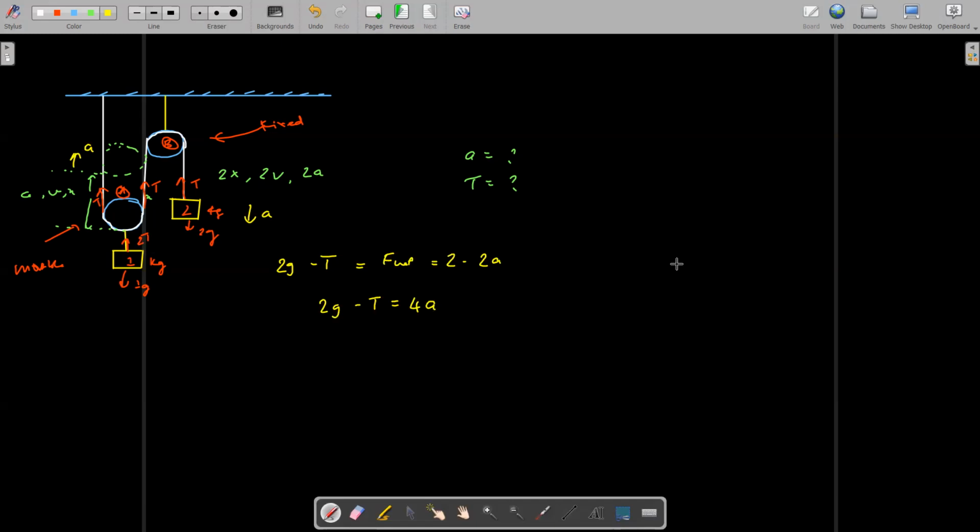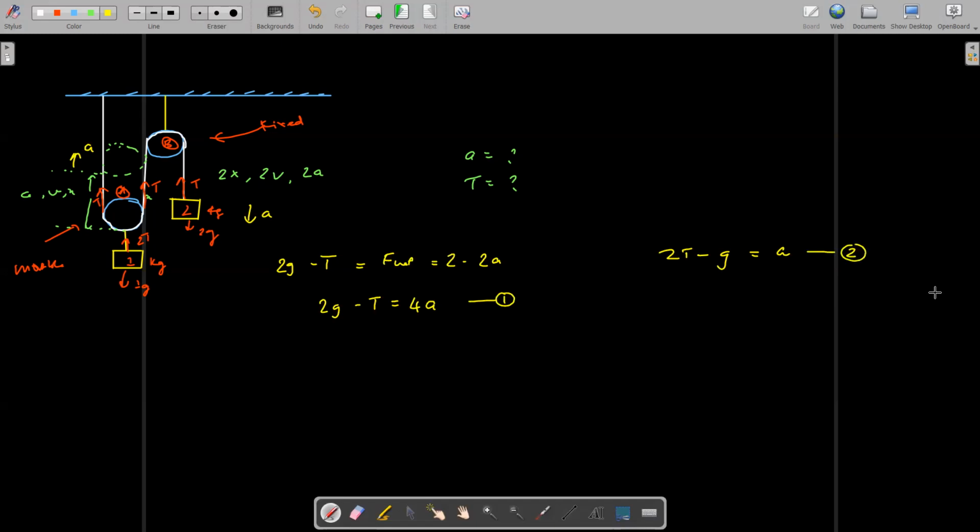Taking the second case, the 1 kg, it is actually moving upwards. So there we can write 2T minus g equals m into a. M is 1, so that will be just a. So we have two equations here.